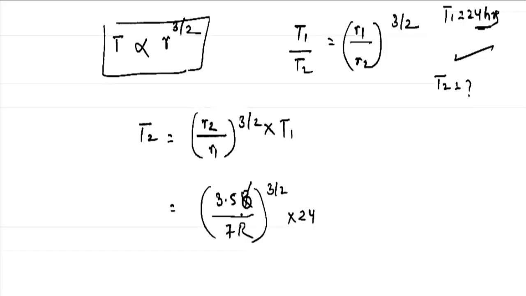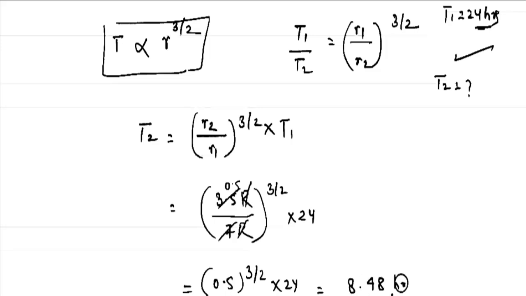Now R and R will be cancelled out, 3.5 divided by 7 is 0.5, so this is equal to 0.5 raised to the power 3 by 2 multiplied by 24, and we solve here.